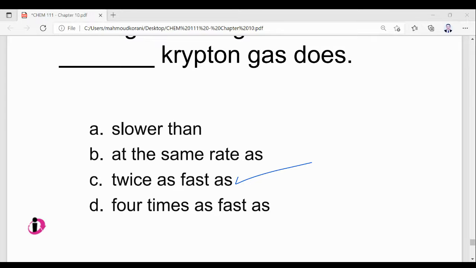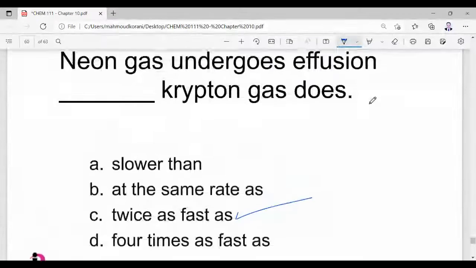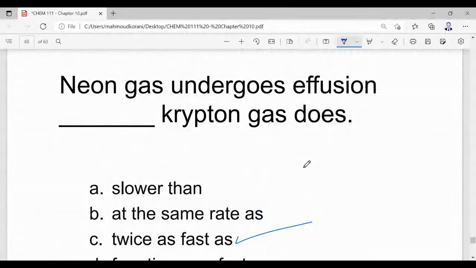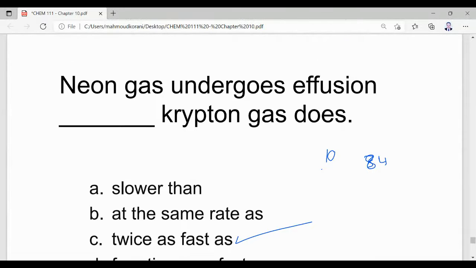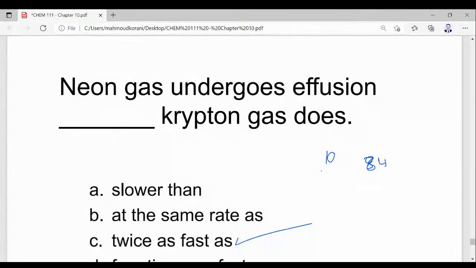The molar mass of krypton is 83, and neon, yes. Krypton, I think, is 84. No, krypton is 36, as I mentioned. Something is wrong here.